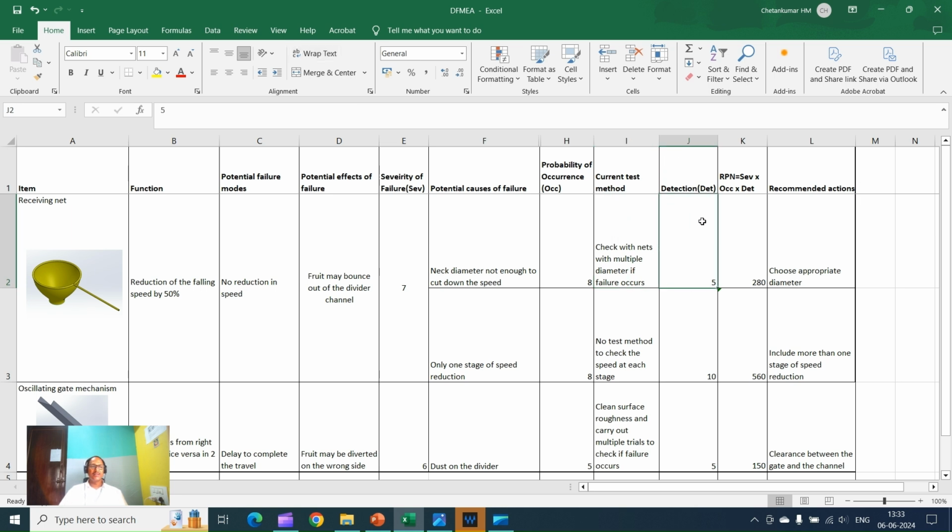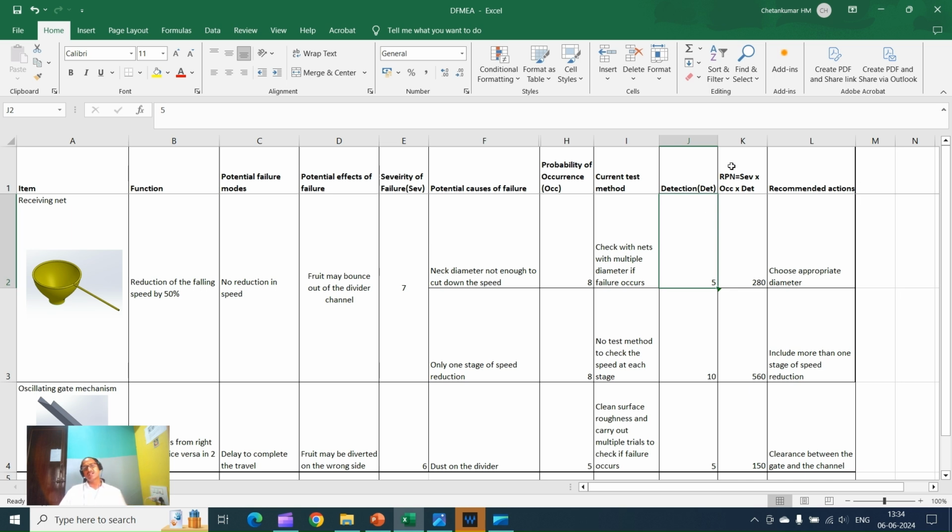The detection number says how likely the failure could be detected in that particular trial period. If it can be detected easily, then the detection number goes lower. If it is very difficult to detect the failure, then the detection number goes very high. In other words, if the detection is very simple, then the number is less. If the detection is complicated, then the number increases.